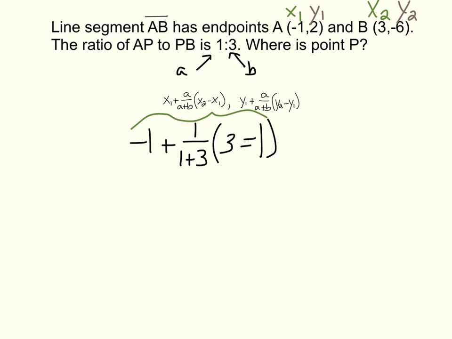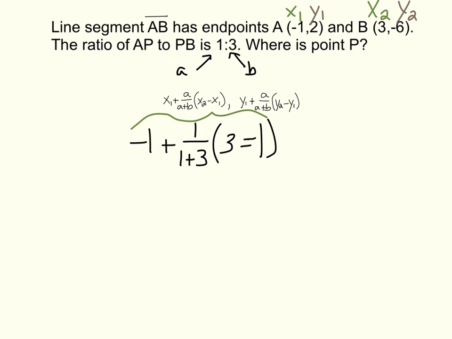Let's start with just the x's. x1 is -1, a is 1, b is 3, x2 is 3, and x1 is -1. So we have -1 plus 1 over 1 plus 3 times 3 minus -1. Let's just use the order of operations to start figuring this out.